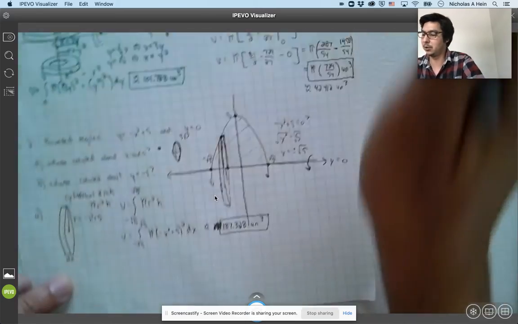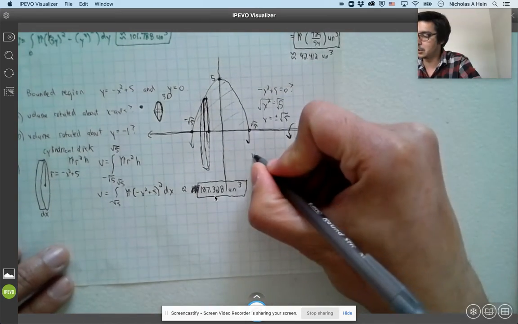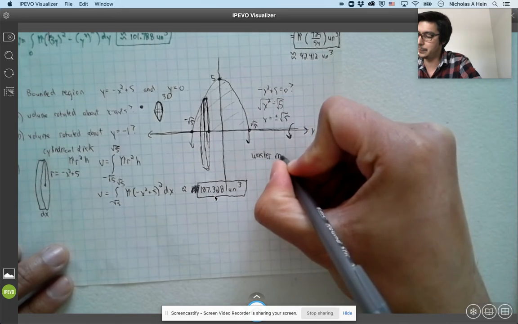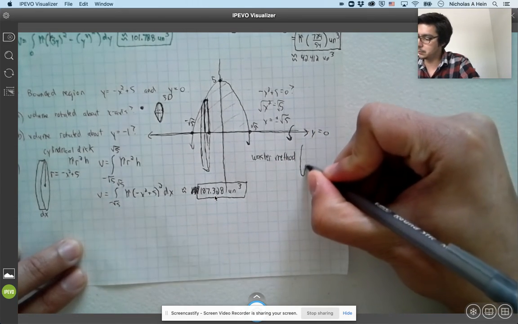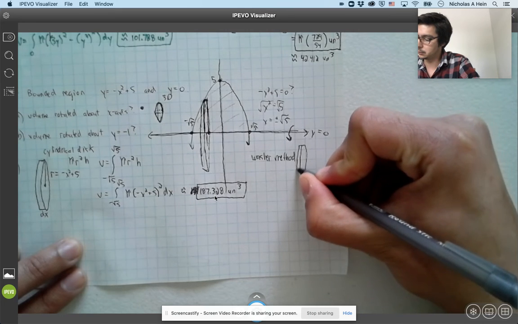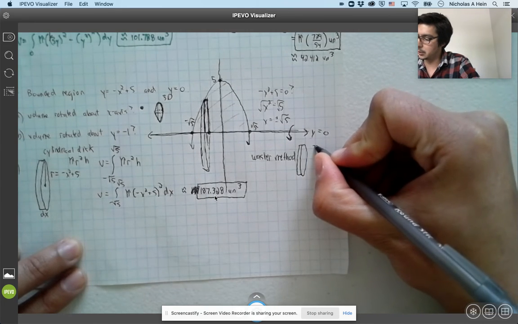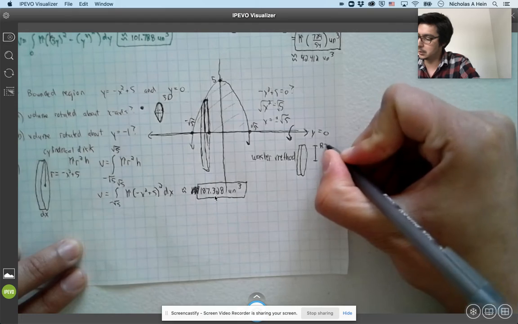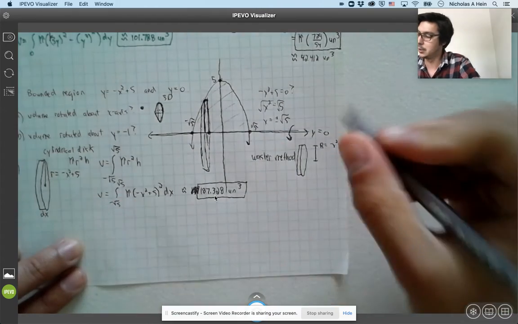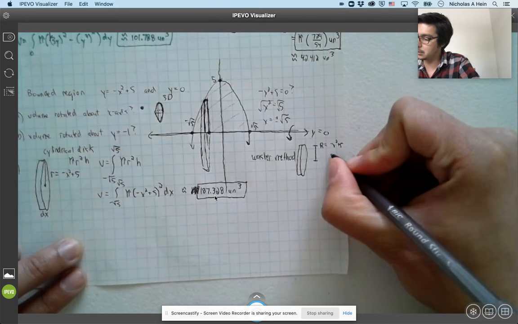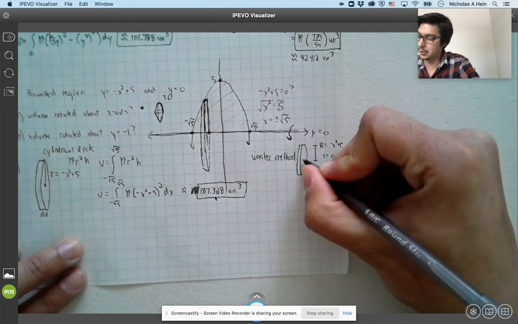So notice if we were to do a washer method here, I'll just do it quickly over here. Well, the washer method, if I draw this out, your outer radius squared, your big R, is your negative x squared plus 5, which is what we had over here. And then your inner radius squared is 0 because there is no inner radius.